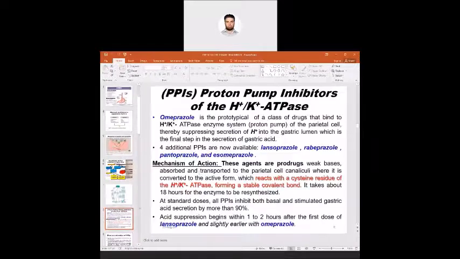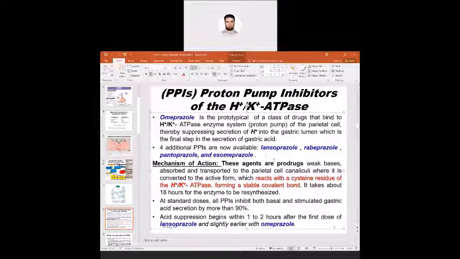So for the proton pump inhibitors, as we said, omeprazole is the prototypical representative. There are four additional proton pump inhibitors, which include lansoprazole, pantoprazole, esomeprazole, and rabeprazole, all sharing the same suffix at the end.